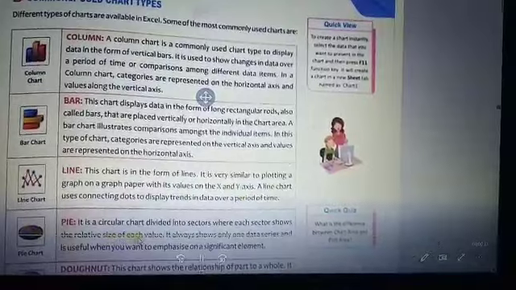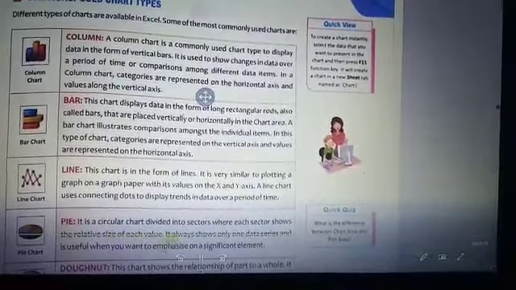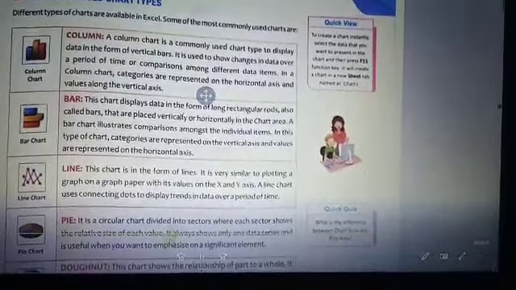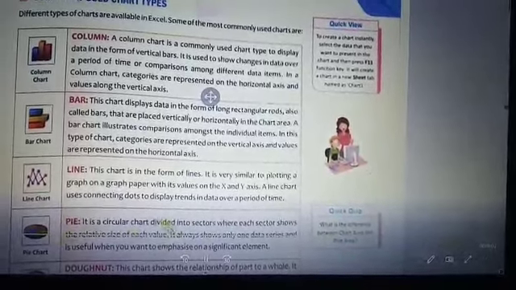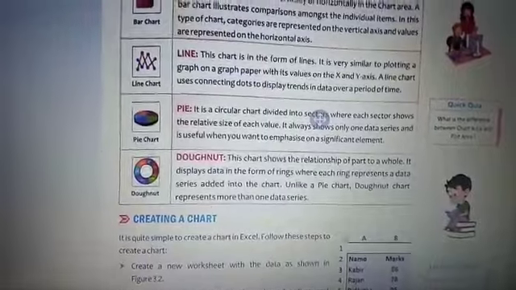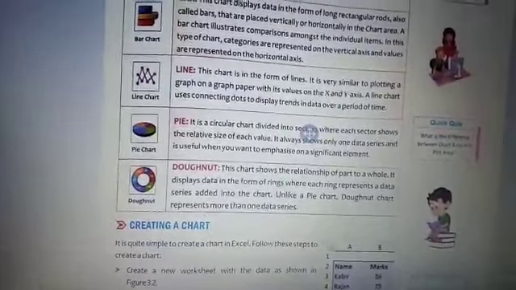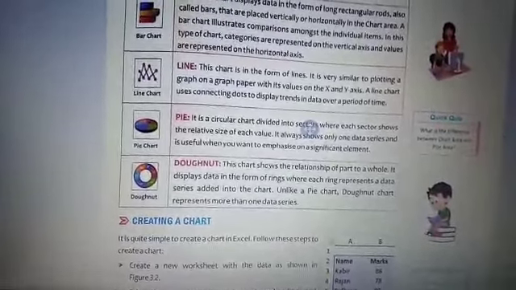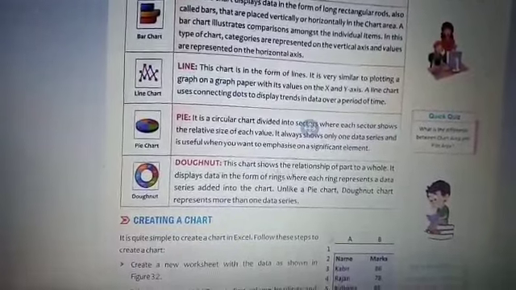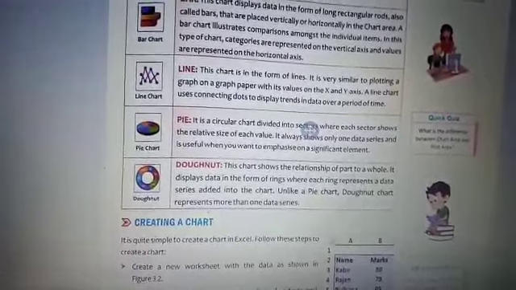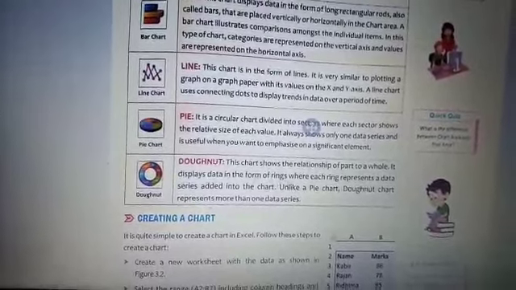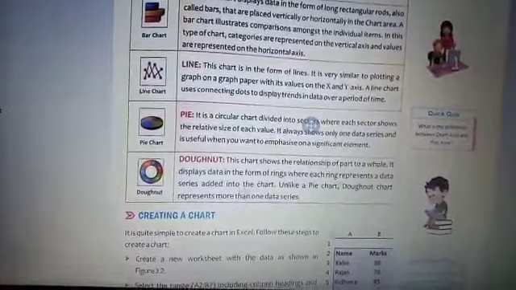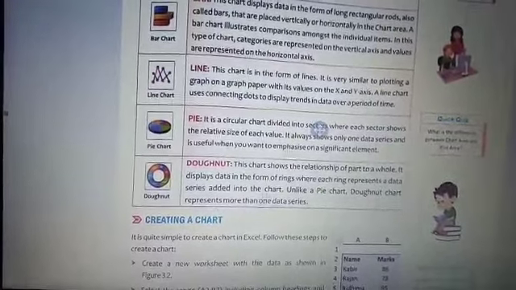The pie chart can also be used to display data in a circular manner. And the next one is the doughnut chart. This chart shows the relation of the part to the whole. It displays the data in the form of rings, where each ring represents a data set added into the chart.